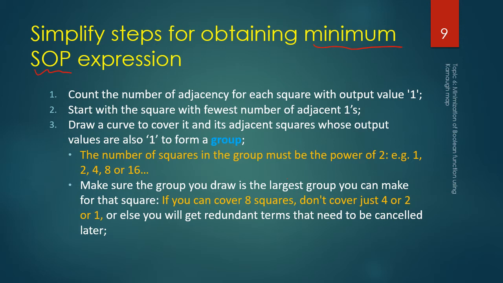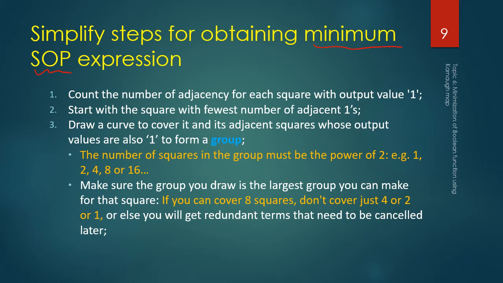And something must be satisfied in that group. The first thing is that the number of squares in this group must be a power of 2. So you can have a group covering 1 square, 2 squares, 4 squares, 8 squares, or 16. It cannot be any other number.